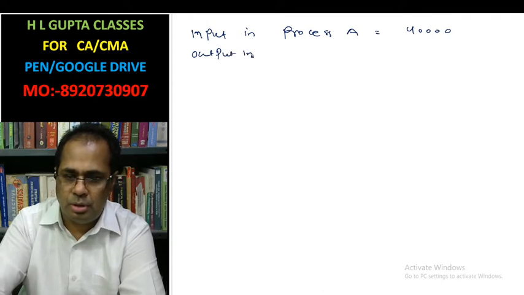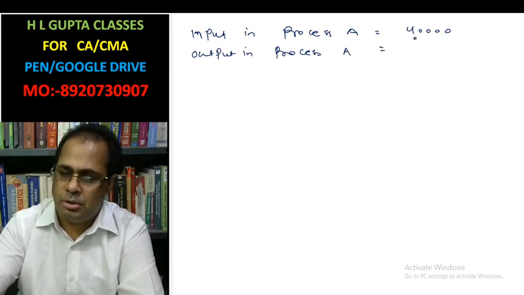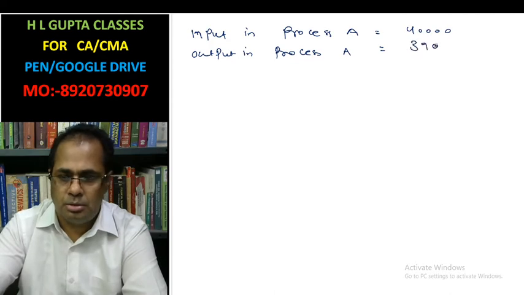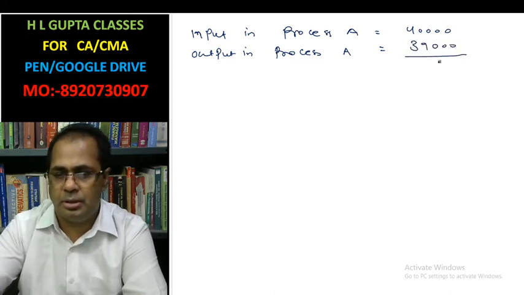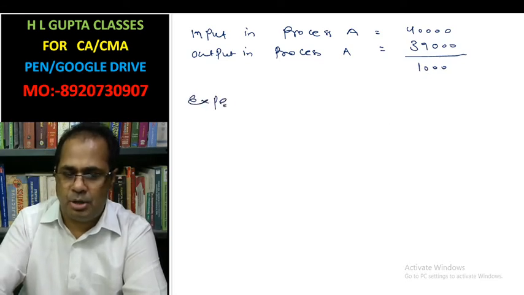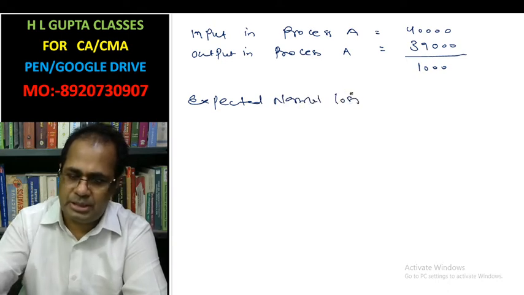Output in process A is 39,000. This 1,000 difference is the loss. Expected normal loss is given in the question.